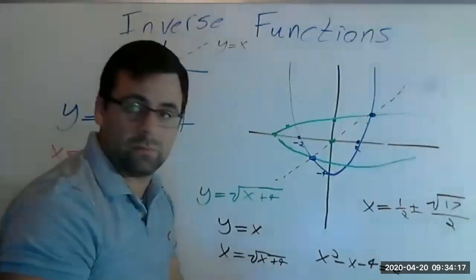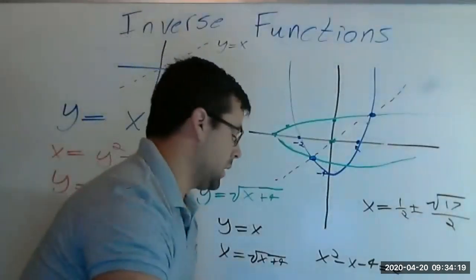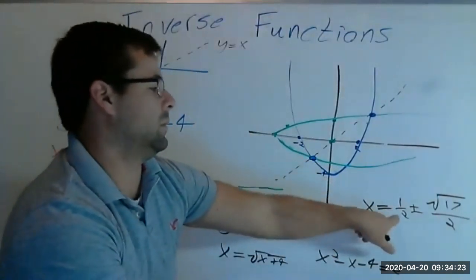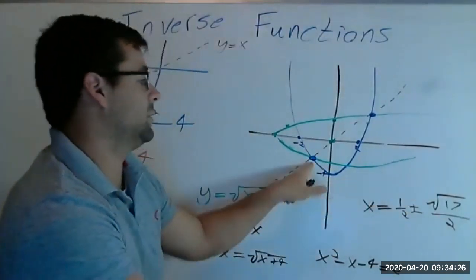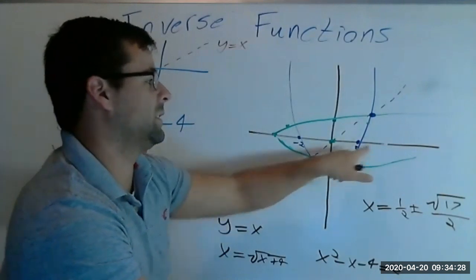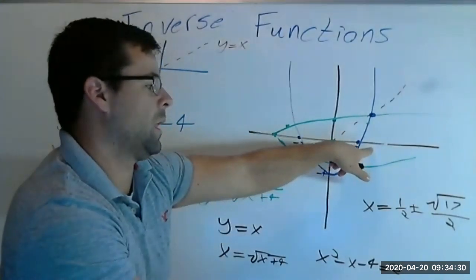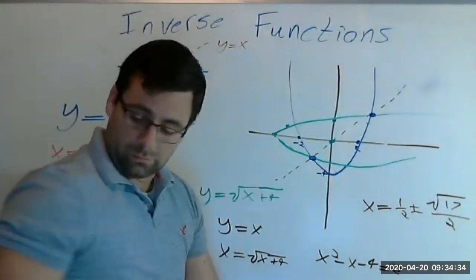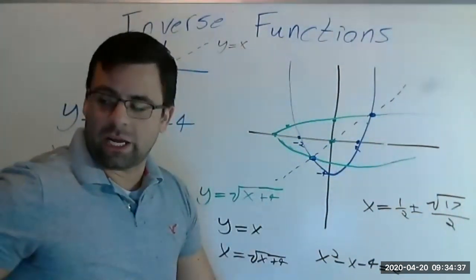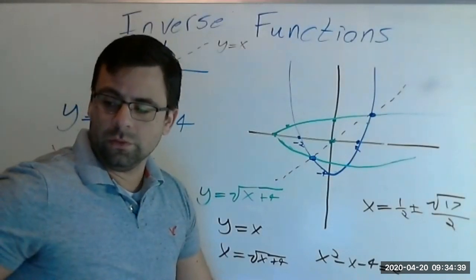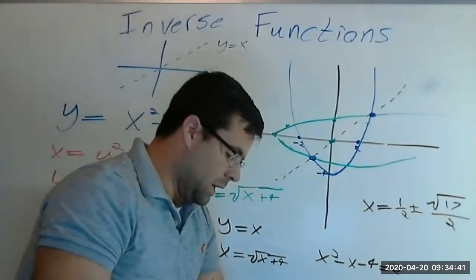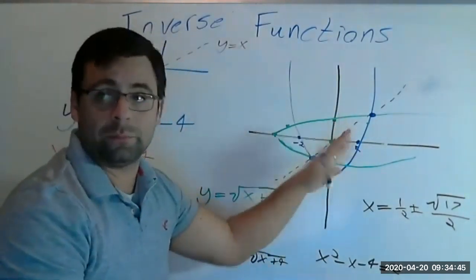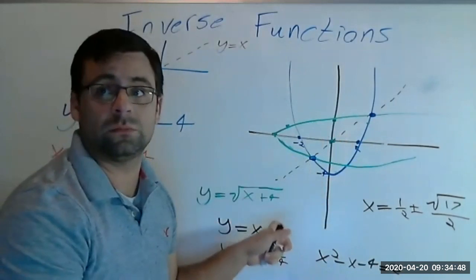Sorry, I wrote it too low. One of them is at 1/2 minus that number, and the other one is at 1/2 plus that number. But they're both along that line of y equals x. So you can find where they flip, and it's always along this line.